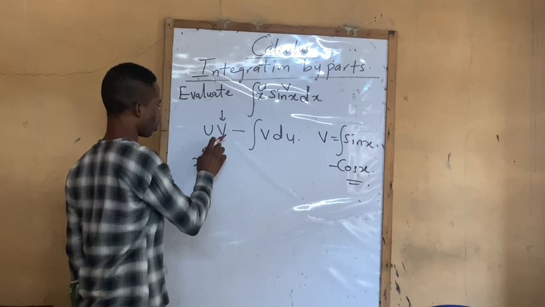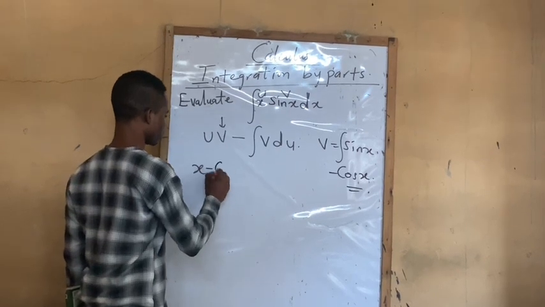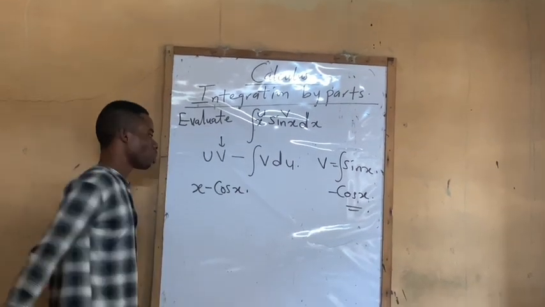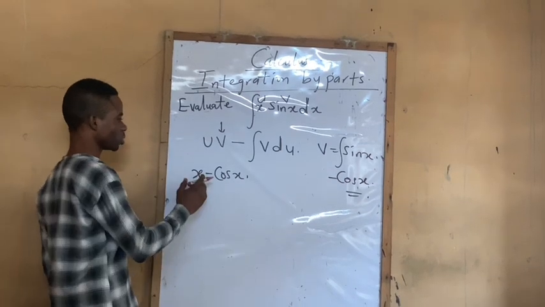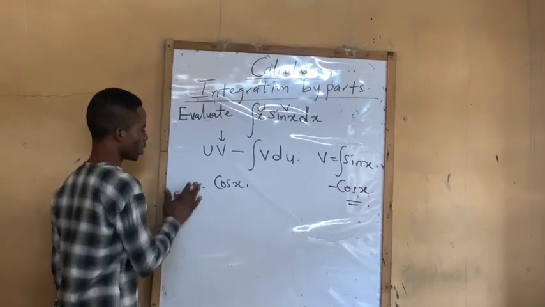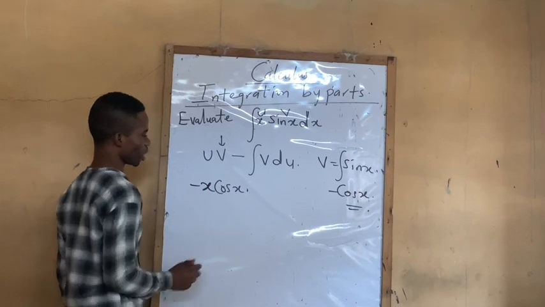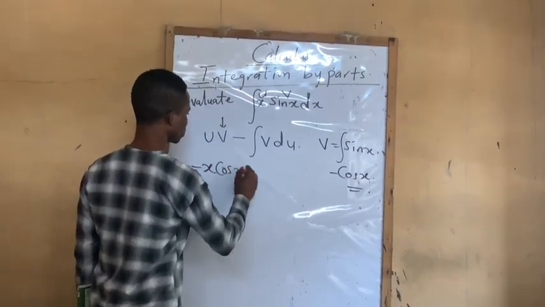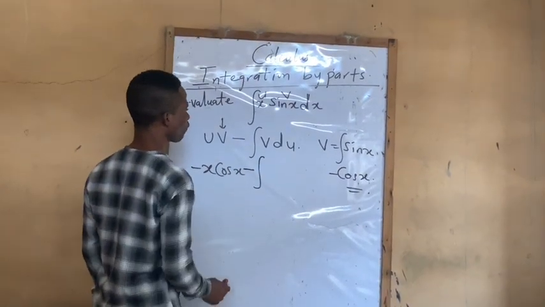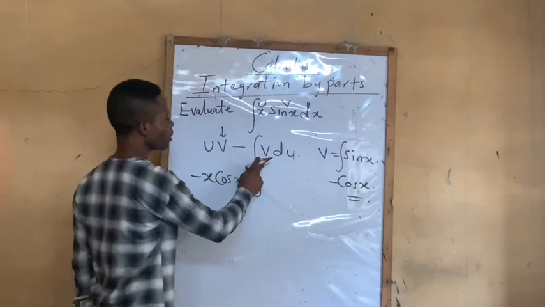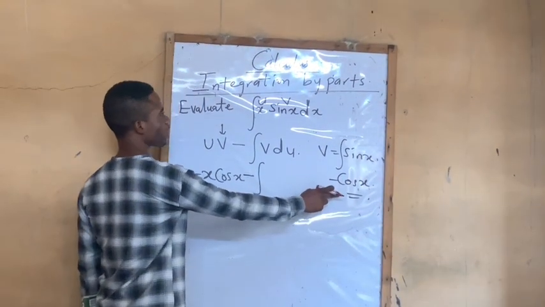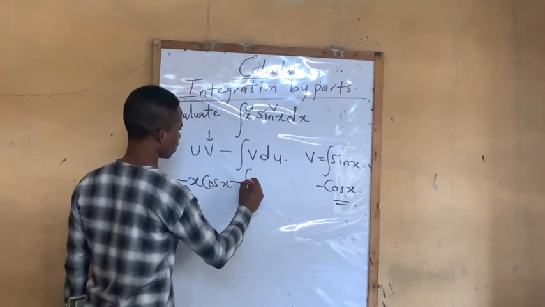I'm bringing down minus cos x here. So I can write minus x cos x minus integral of, what is v again? v is minus cos x now. You are going to write minus cos x, not sine x.